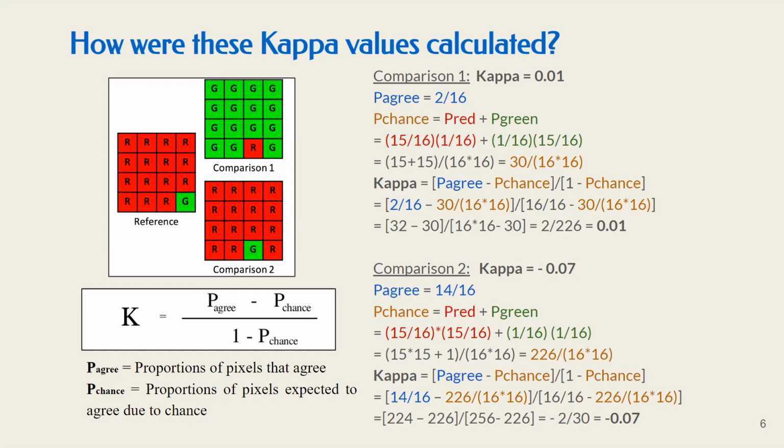If we use 0.5 as P chance instead, we will also get a negative kappa. This clearly shows that using randomness or chance in the kappa statistic does not make sense. Land change patterns are far from random, so using randomness as a baseline for map comparison and thus validation is inappropriate. Kappa cannot accurately express how well a land change model is performing.